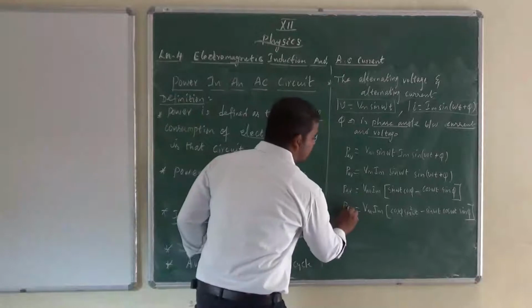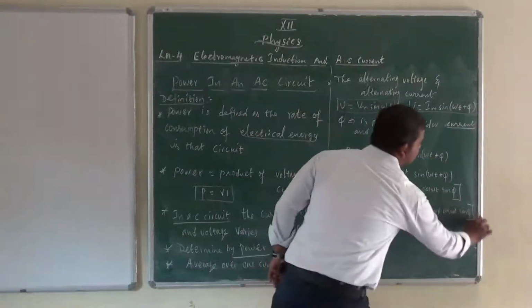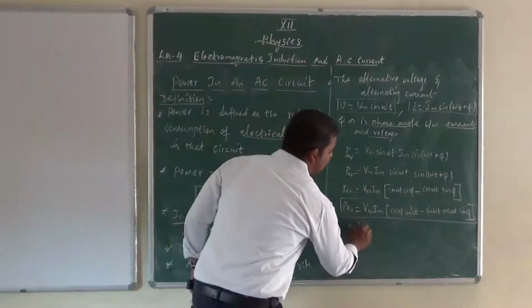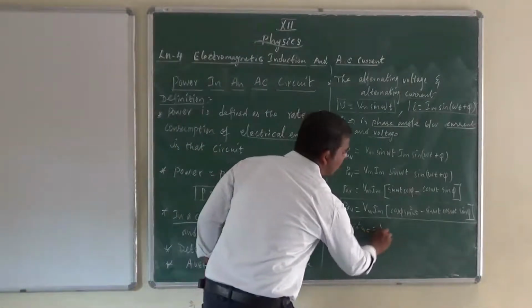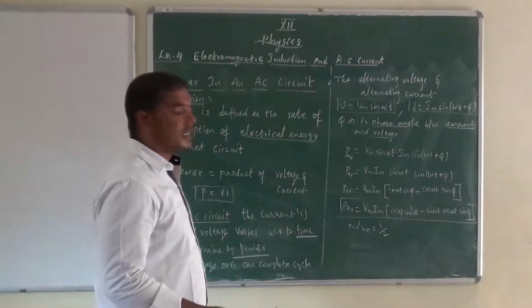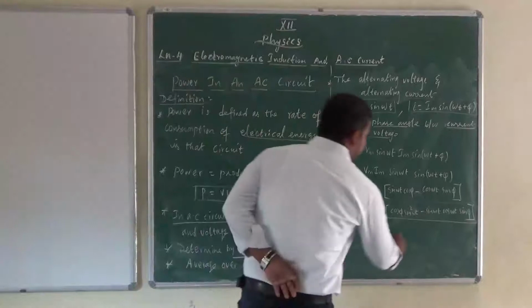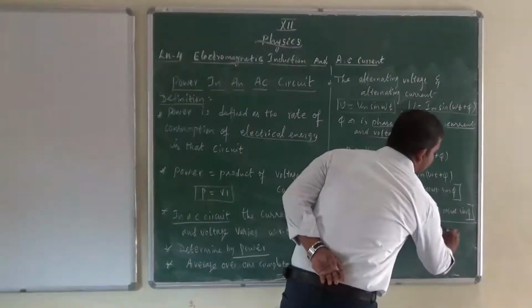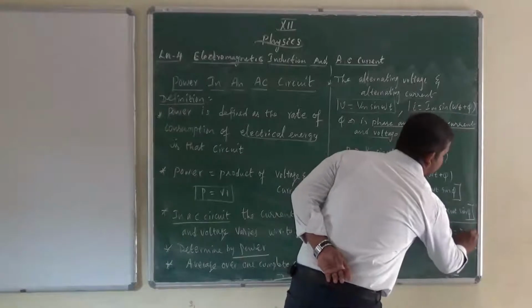From this equation, we substitute: the average of sin square omega t is nothing but 1 by 2. Next, the average of sin omega t cos omega t equals 0.